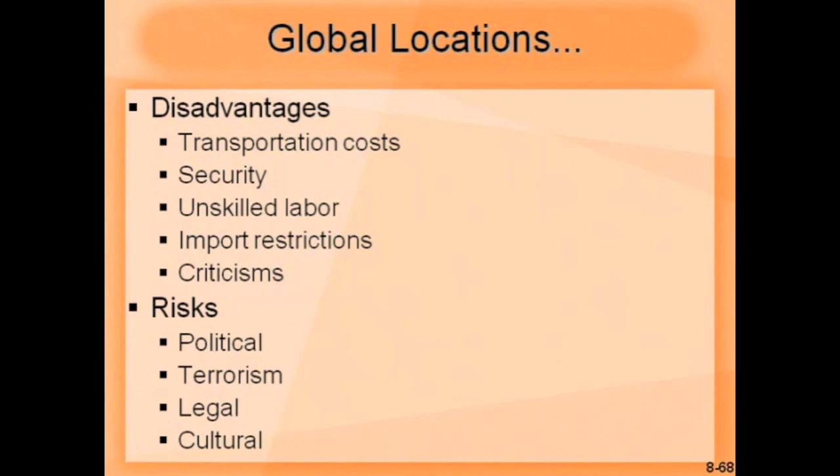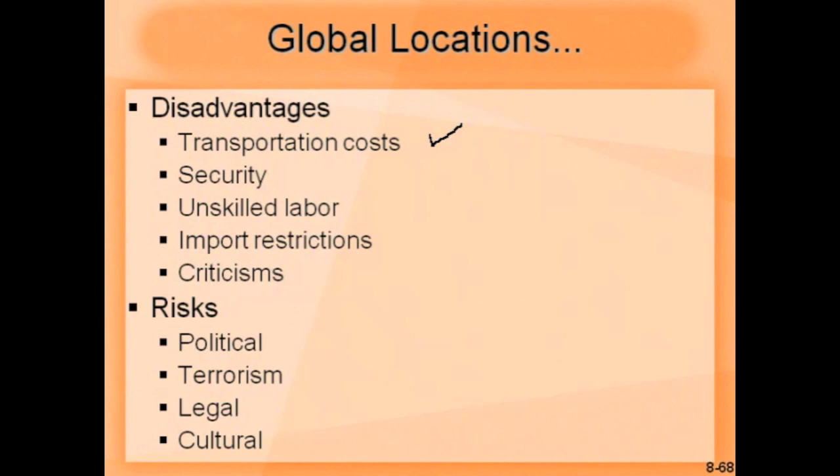There could be disadvantages also. One is transportation costs. If it is located globally, for example, the item is coming from China or Taiwan to the US, obviously it will be more expensive compared to when the same product could be manufactured within the US.